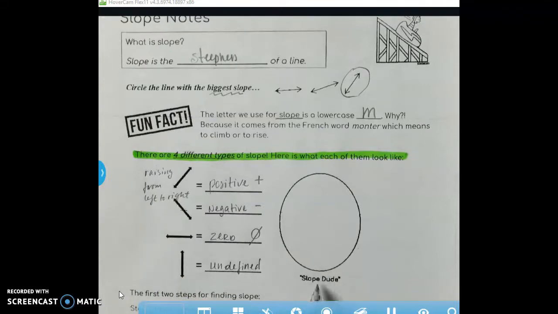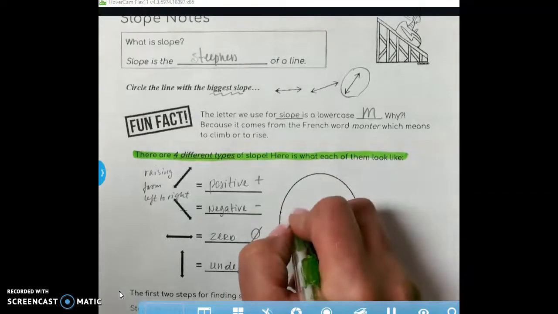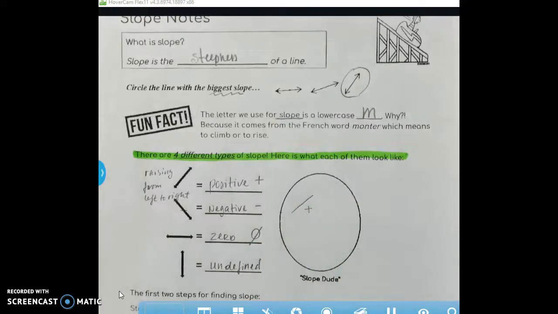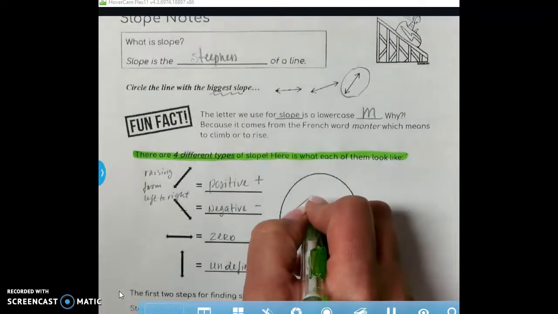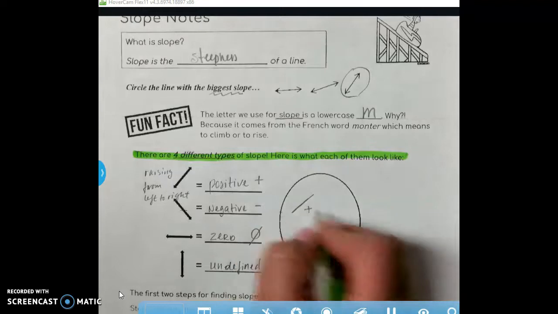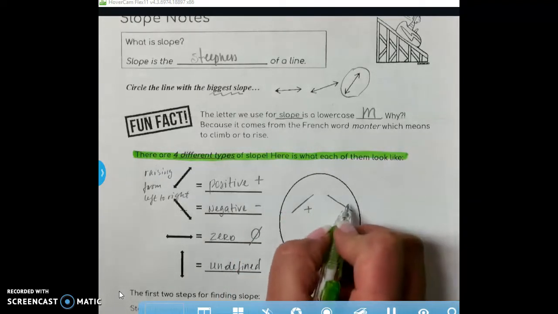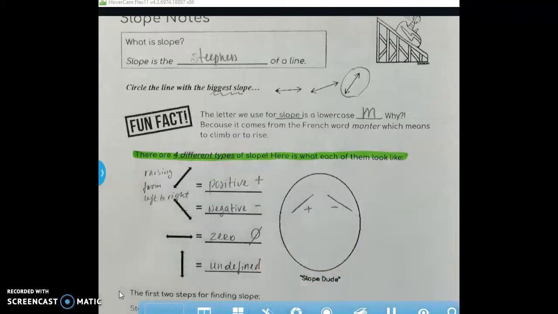A lot of times you might want to relate to the slope dude. And this is just a quick device that you might find helpful when you try to remember which slope is which. So here's our slope dude. This is a positive slope, and I have a plus. This is a negative slope, and I have a minus.